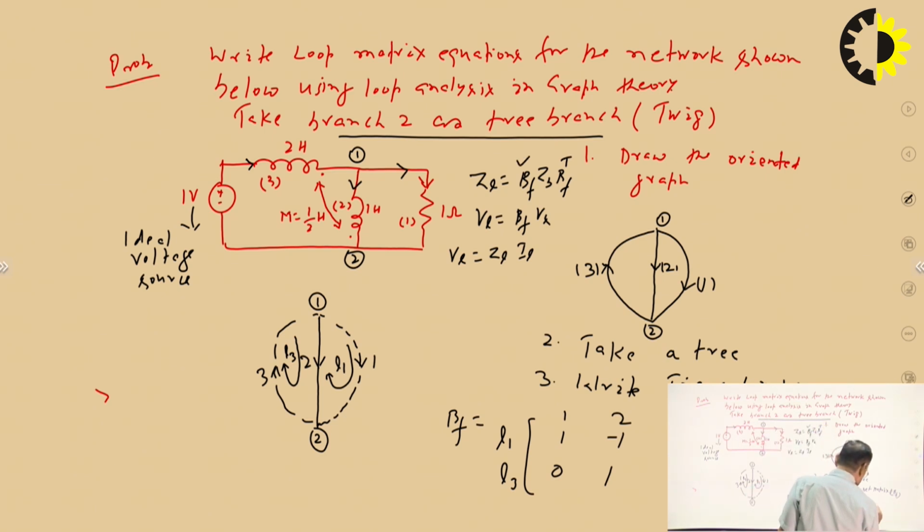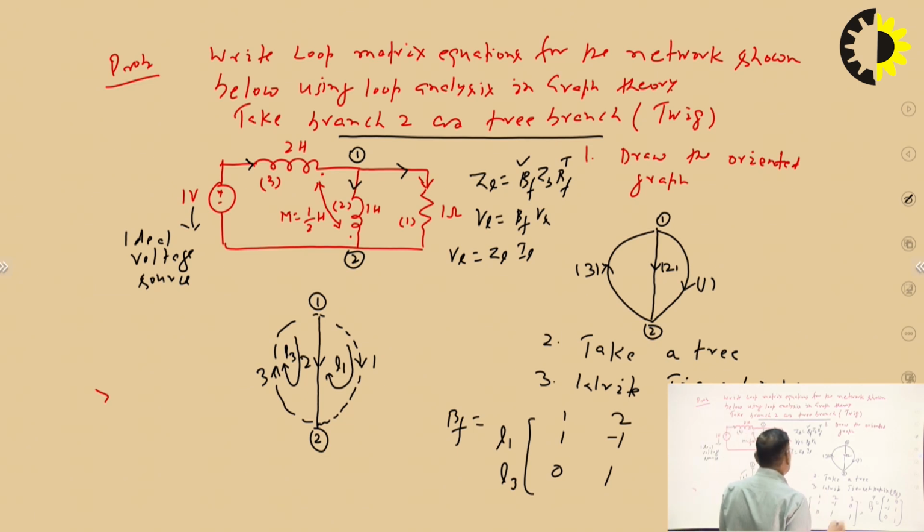Similarly, we can get the transpose: 1, minus 1, 0, 0, 1, and 1. Now just to get ZL, we need one more matrix, that is ZB, the branch impedance matrix. The dimension of the branch impedance matrix is 3 by 3, because there are 3 branches.